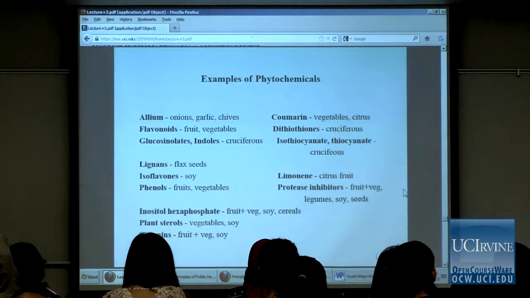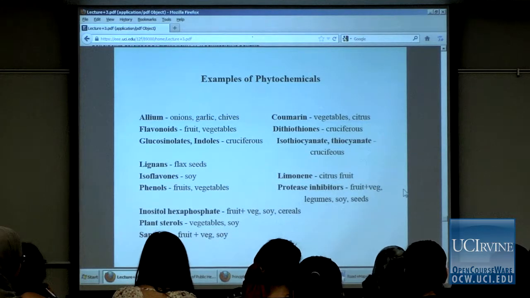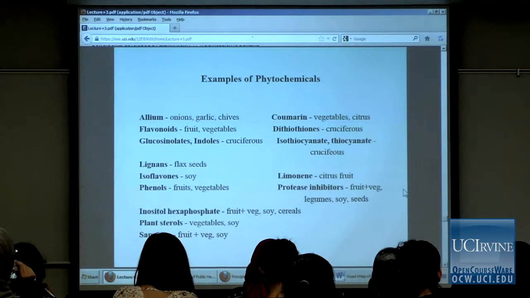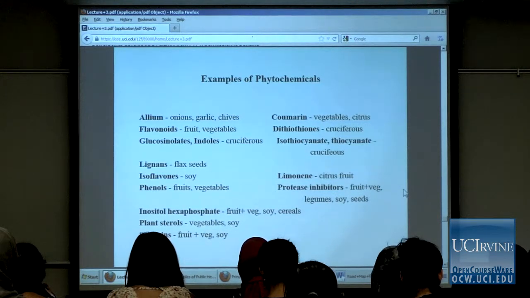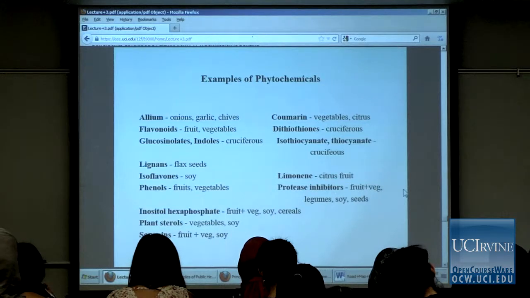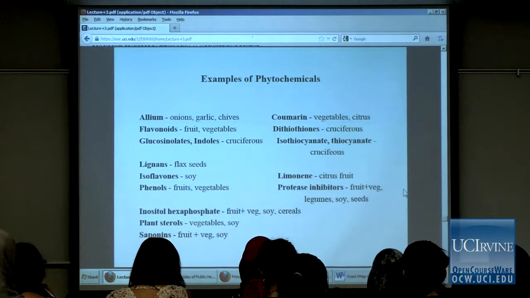So, yes, allium and allicin are already known, discovered phytochemicals in different types of fruits and vegetables. Remember also, all animal products don't have phytochemicals. Phytochemicals are only connected with plant food.